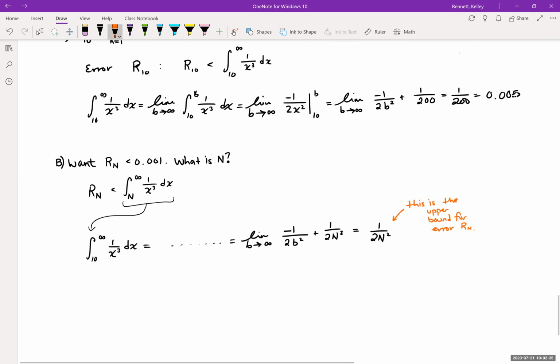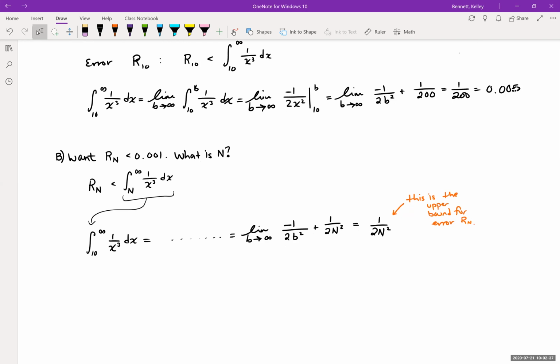So now what we need to do is just solve the inequality that we were given, right? Coming back here, I want this to be true. I know R sub n, the worst it can be, is 1 over 2n squared, and I need this to be less than 0.001.